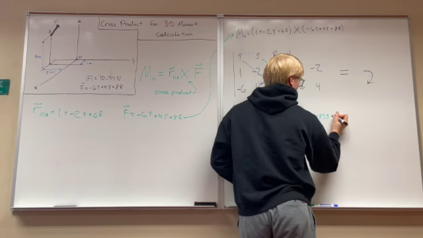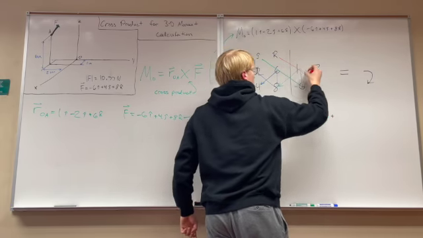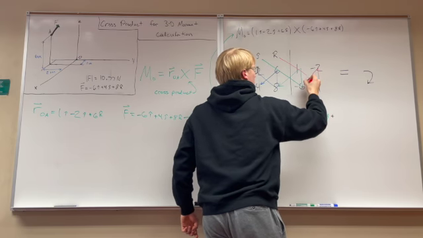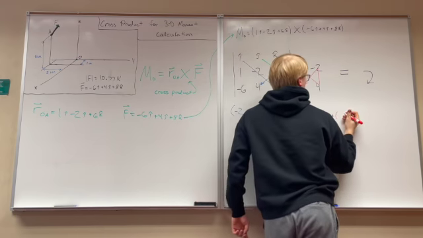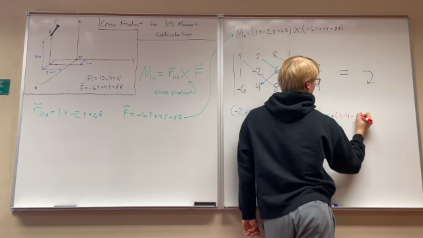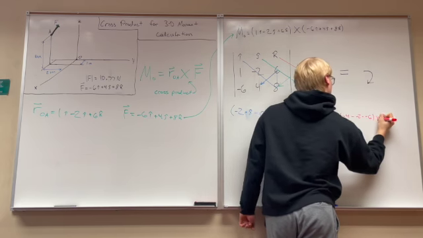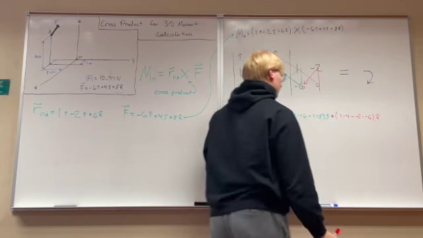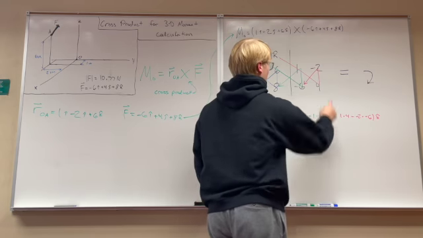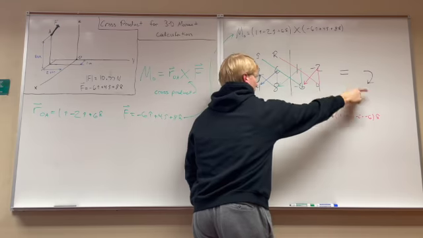I'm going to add that to the k hat, which is going to be the same shape, one row over. 1 times 4 minus -2 times -6. That's what that whole thing is, which equals all that.